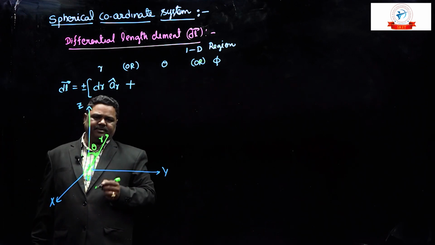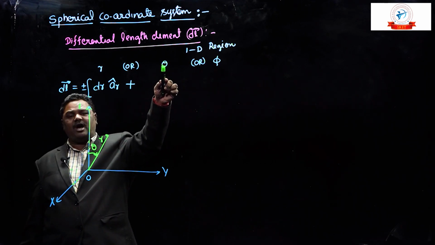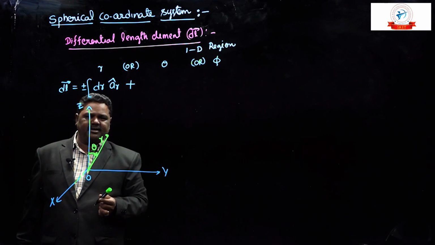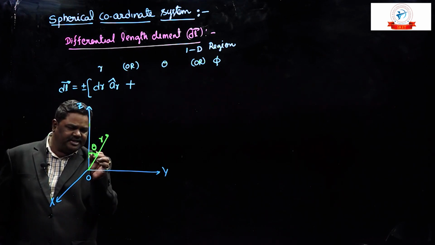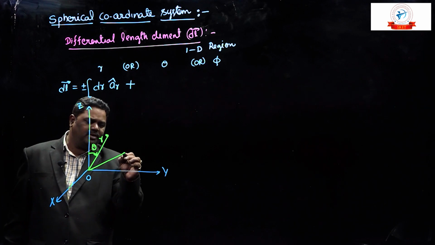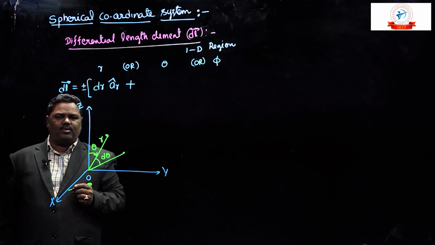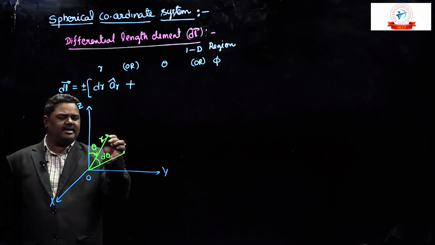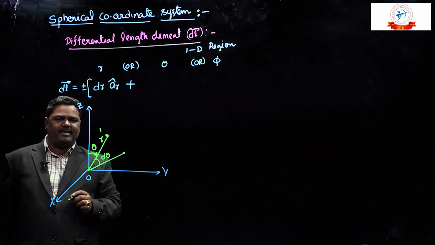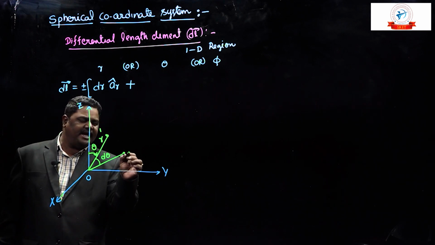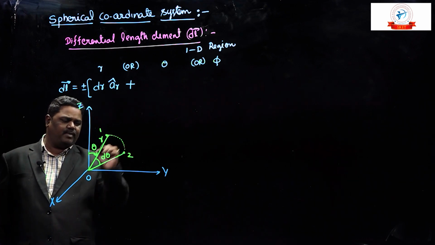Now observe this. When I increase theta by a differential amount, what is the differential length element? That's what we need to find out. Let us increase theta by a small amount d theta. Initially the point is at location 1, and after increasing theta by d theta, the point has moved to the second location along a curved path.